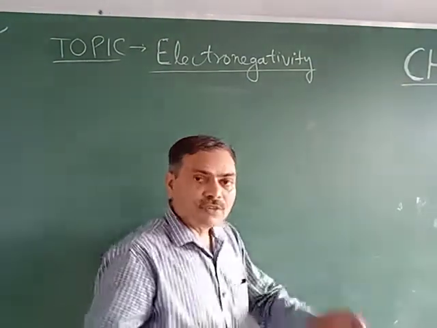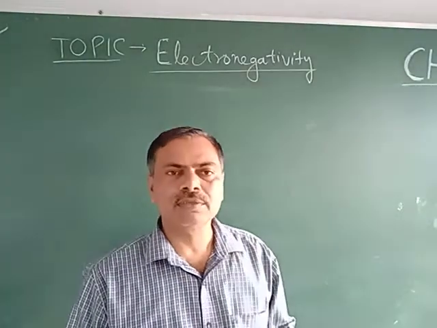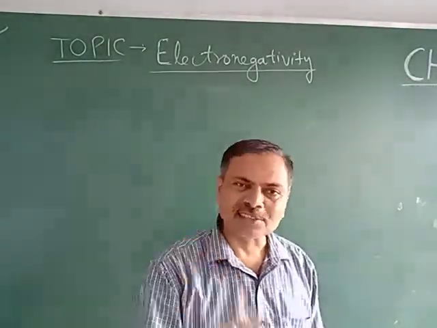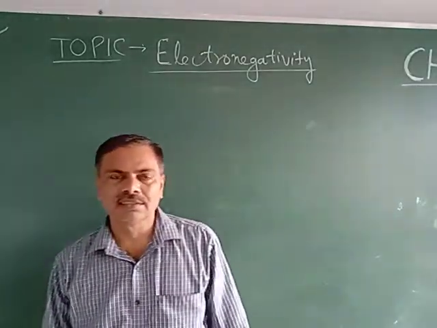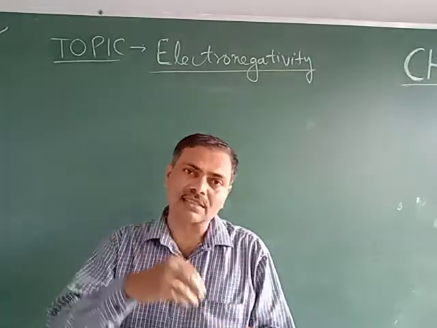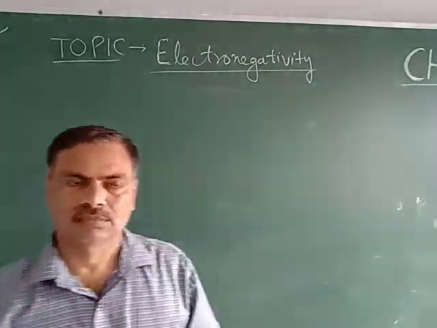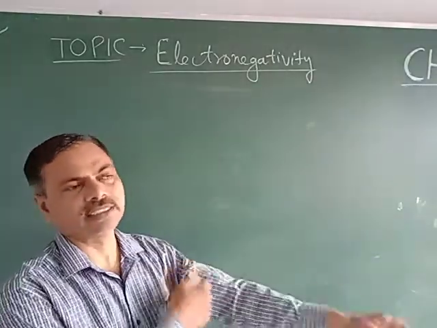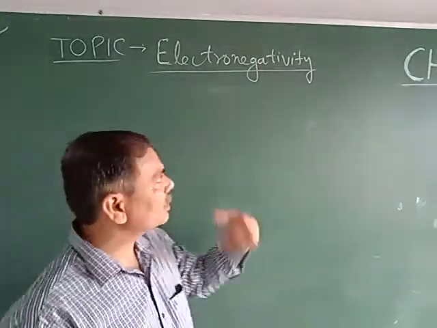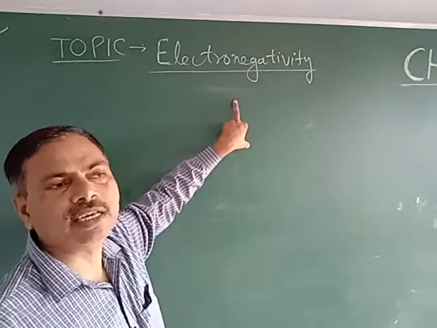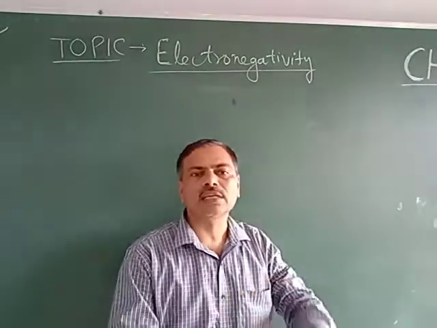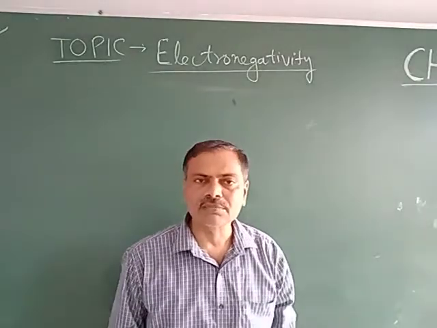And further, I want to clarify the difference between the electron gain enthalpy and electronegativity. In the case of electron gain enthalpy, the electron is added into an isolated neutral gaseous atom that is not bonded. But in the case of electronegativity, the bonded pair of electrons are attracted by the atom in a molecule.